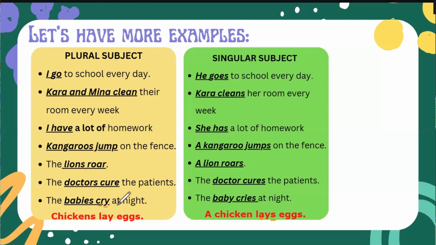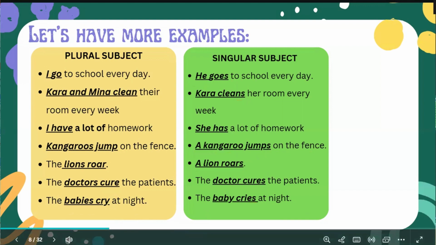Okay? So ayan lang yung tatandaan nyo. Pag singular ang ating subject, may S, ES, or IES ang verb. Pero kapag plural subject naman, walang S sa lahat. Okay? Ayan. That's the thing that you have to remember.